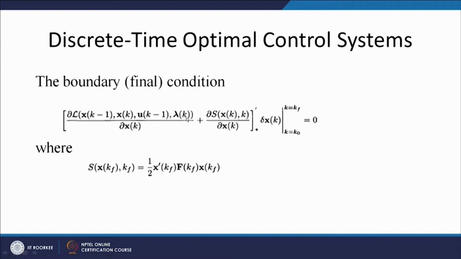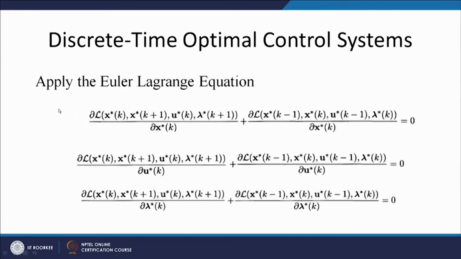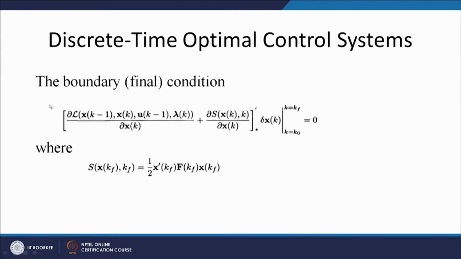So, here it comes in the lambda k plus del S, which is nothing but giving me the terminal cost, delta x of k equal to 0, where S x k f, k f, if I evaluate this point, is nothing but half of x prime k f F of k f x of k f. So, in Lagrangian form I got these three EL equations and the final boundary condition given as this.